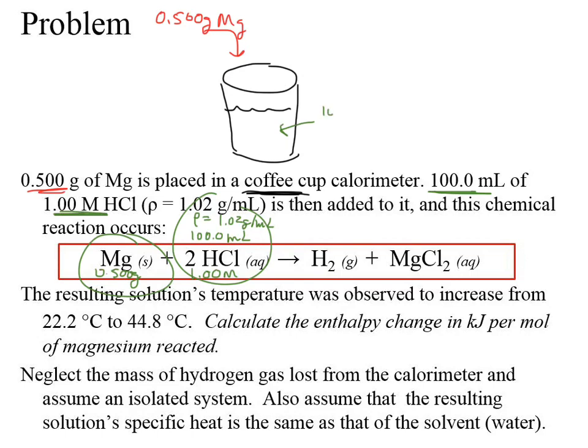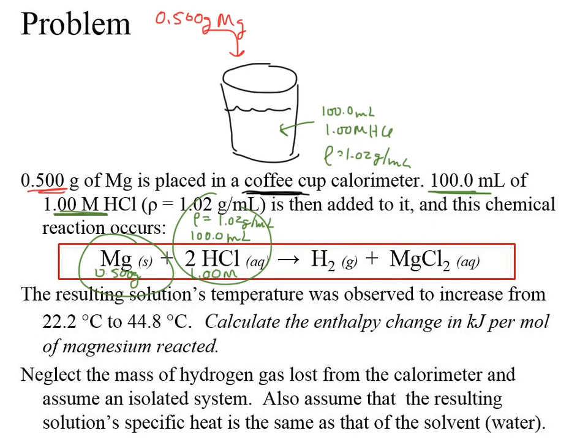I have 100 with 4 sig figs milliliters of 1.00 molar HCl, and density 1.02 grams per mil. All right, that's cool. Cup coffee. So we have a chemical reaction occurring between magnesium and hydrochloric acid in our cup that's isolated. And we're going to look at the temperature change.